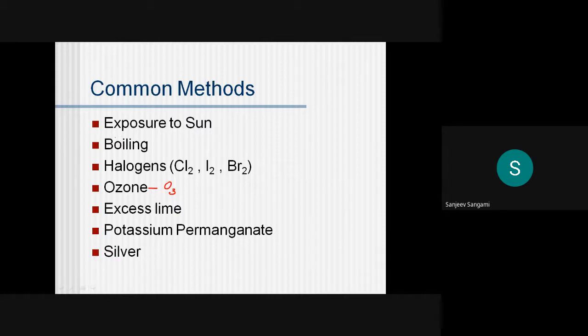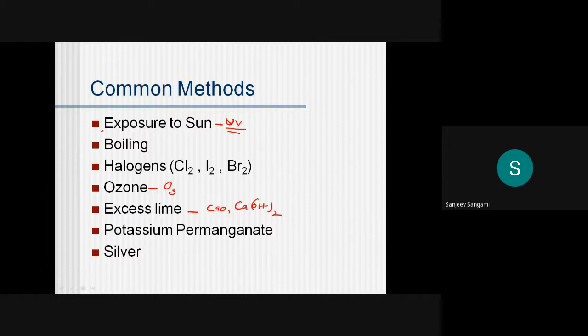As I already discussed, even the sunlight UV rays, you can produce UV rays artificially or you will get them from the sun itself. That can be captured and used as a disinfectant. Then excess lime: we can use hydrated lime or unhydrated lime, Ca(OH)2 or CaO.